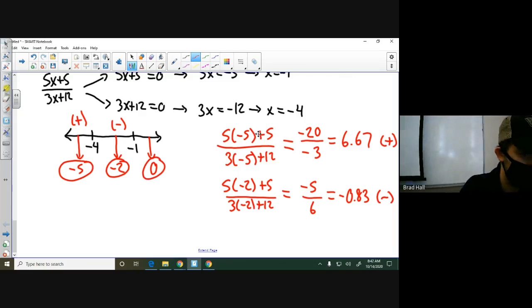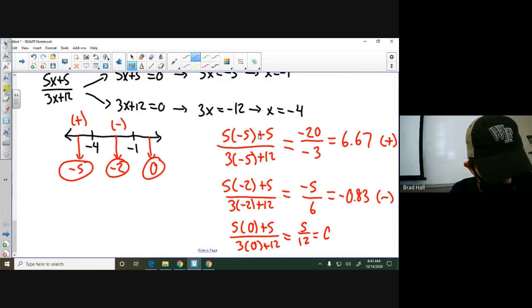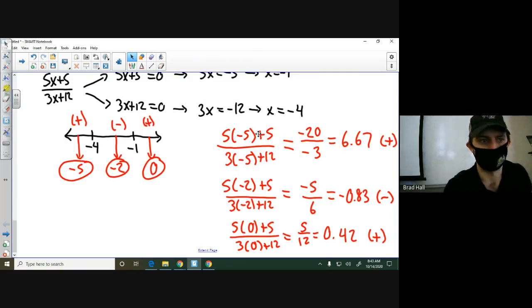And finally, we can plug in 0 and see what happens. Which is a positive value. So this tells us the characteristic of the graph, whether it's happening above the x-axis or below the x-axis.